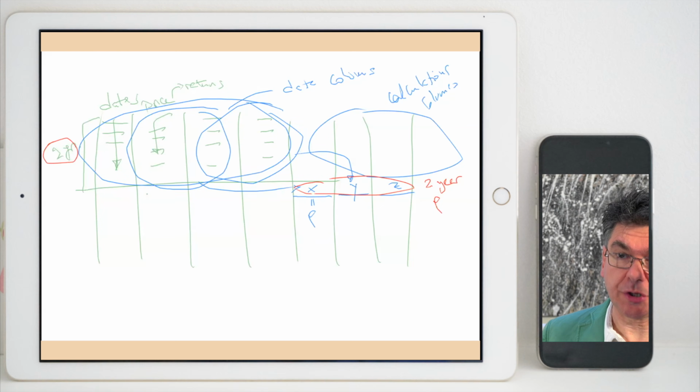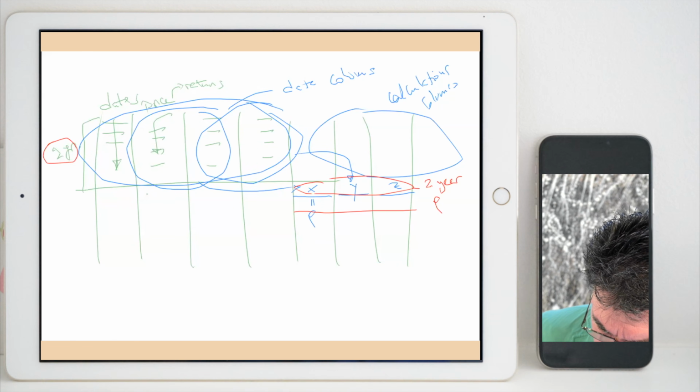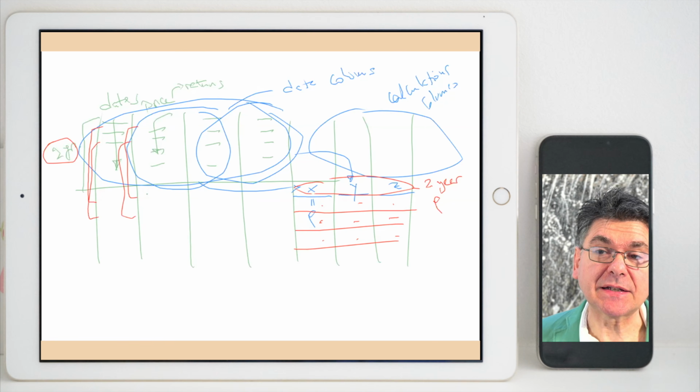Okay? 2 years. But I'm also asking you to do this on a rolling window. That means that you have to get this 2-year correlation here, and then there will be a number here, and then a number here, numbers here, that you obtain by moving these windows 1 day down all the time. And in Excel, it's very easy to do this.